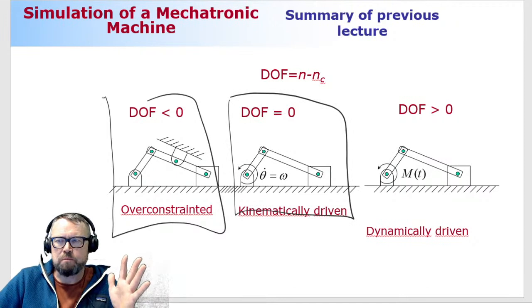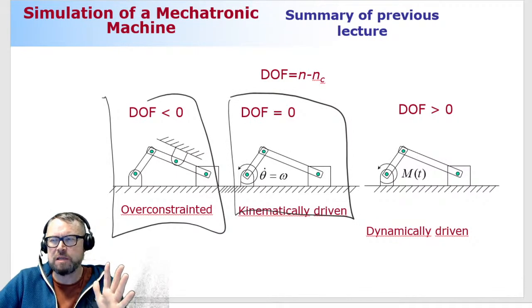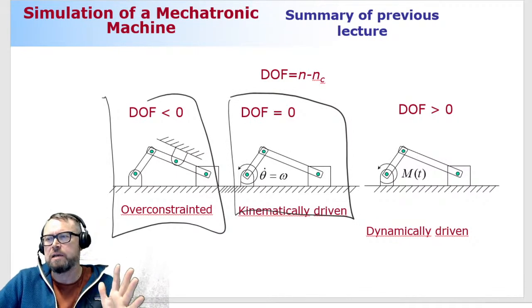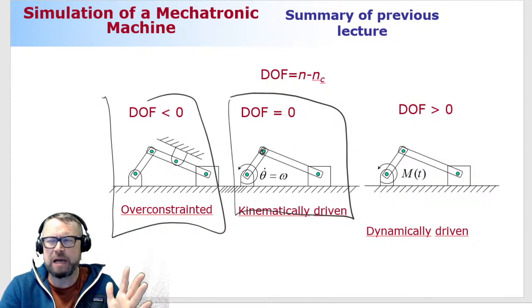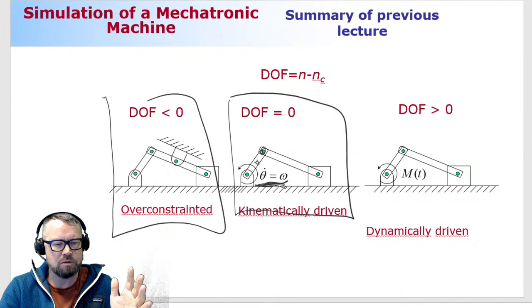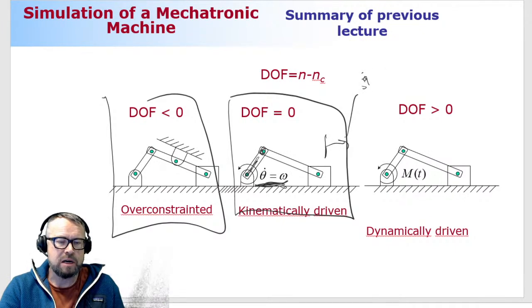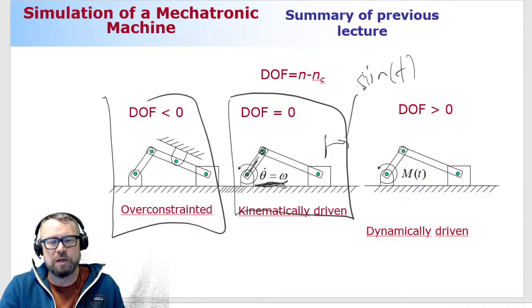Equal to 0 is possible when you introduce something called a driven constraint. It is not like a revolute joint, which is a passive joint, but something that is an active joint introducing the motion. The motion could be the motion of this crankshaft or of the piston. If I say that the piston has to follow sine of time, this kind of expression, that's considered a driven constraint.